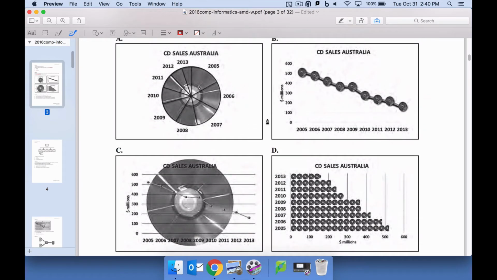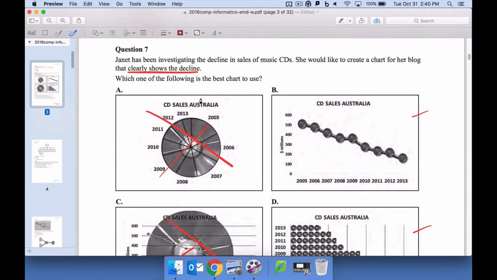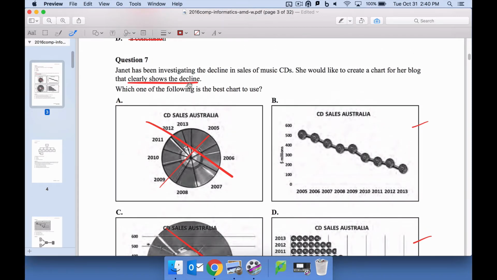Out of the four, instantly I can see that there is a decline, some sort of decline happening here and also here. So instantly we can scrap these two. We can justify that further by saying that a pie chart doesn't show decline or a history of something over time.